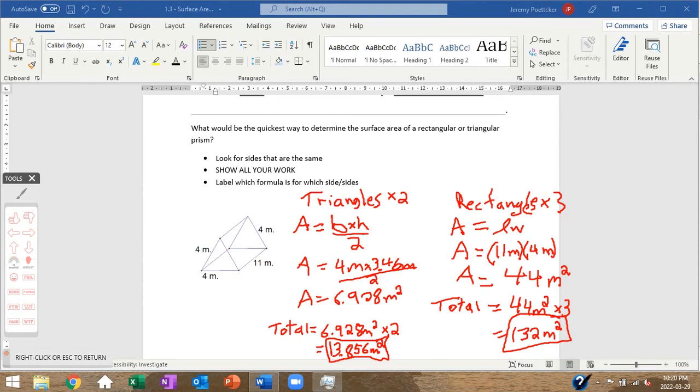Put a little box around this. Okay, that's part of what I need. And then finally, my surface area is just adding everything up. So my surface area is going to be this 13.856 plus 132. If I really wanted to make this into a formula, surface area equals triangles times 2 plus rectangles times 3.